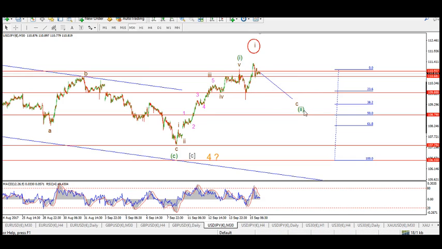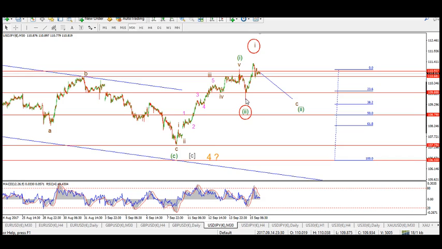Off that point, we either have wave 2 complete at the recent low. The low dipped below the previous low, 4th wave support, which indicates to me that it's a very real possibility that this wave 2 is complete at the low of, let me see where it was, 109.54.